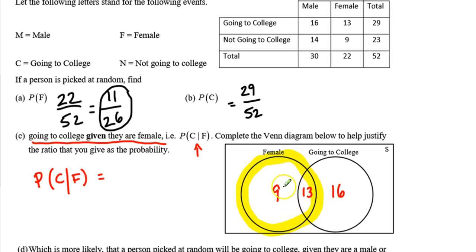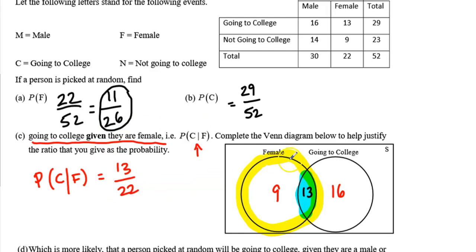So you're not looking anywhere else. And if so, what's the probability of them going to college? Well, that's going to be right here, right? So those 13 out of, well, I'm not counting everybody. I'm only going to count inside the circle. So 13 out of the 22.